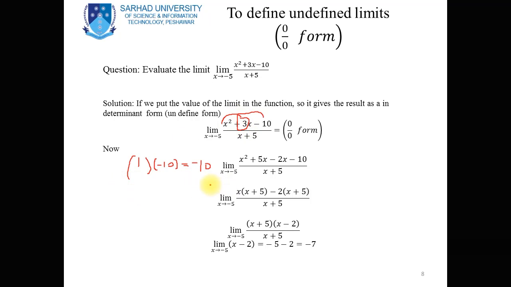And choose two numbers by adding the numbers we obtain this plus 3, and by multiplying the numbers we obtain minus 10.